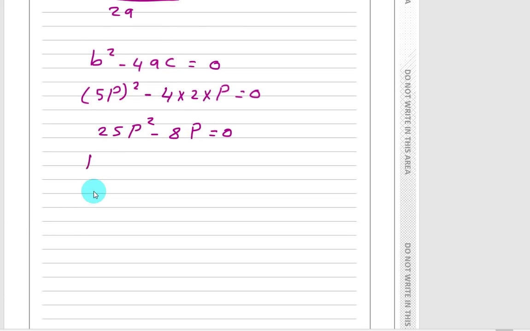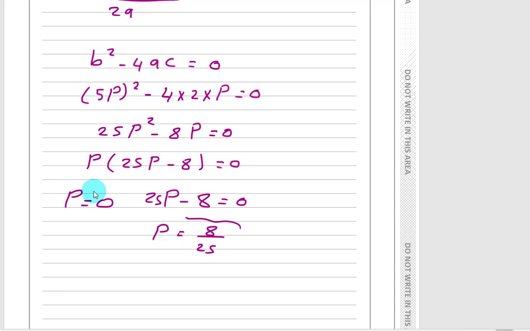So b(25b - 8) is equal to 0. So b equals 0, or 25b - 8 equals 0. So b will equal 8 divided by 25. This is the first value of b, and this is the second value of b.